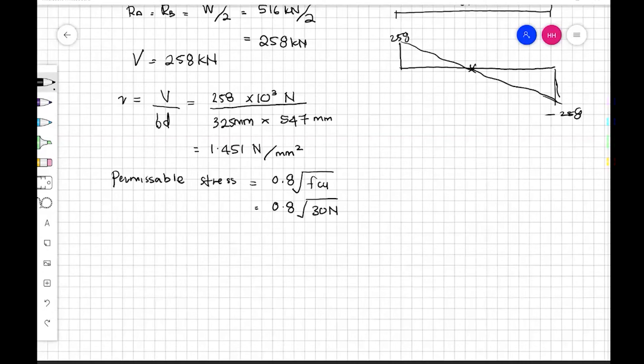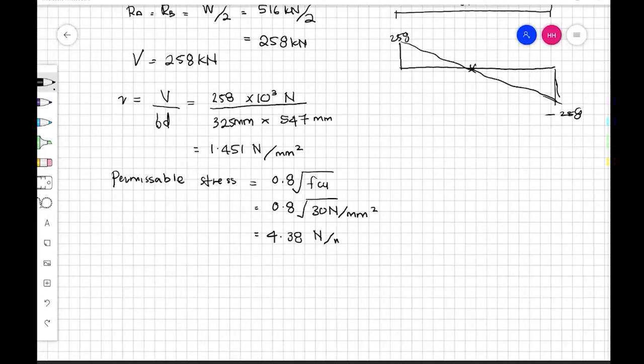With fcu of 30 Newton over mm square, the answer is 4.38, that is 0.8 times square root of 30.